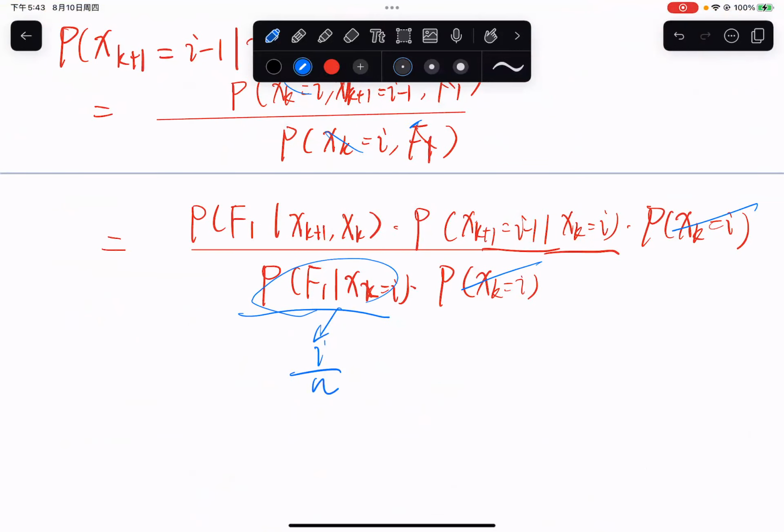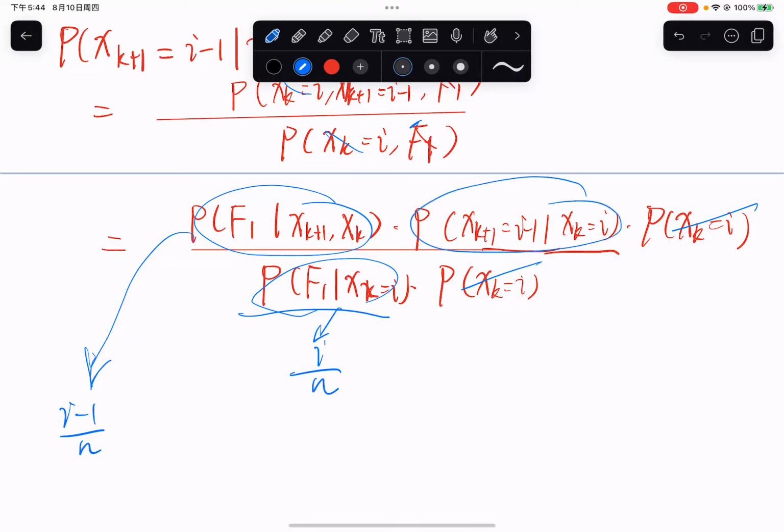And how about this part? The probability of F1 conditional on this thing. For this part, it should be i minus 1 over n, right? Because after x_{k+1} is going to be i minus 1, there should only be i minus 1 color 1 balls in the system.